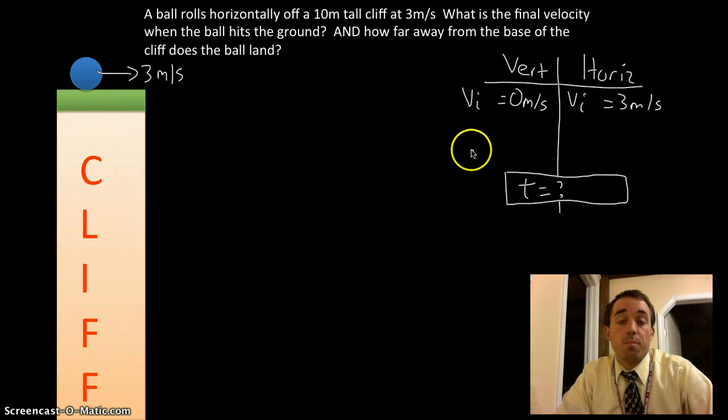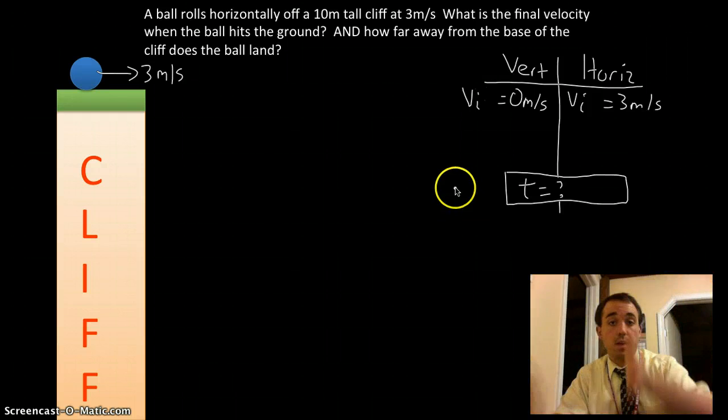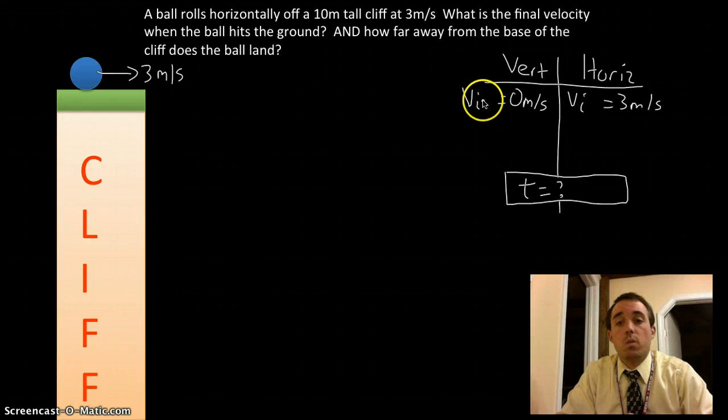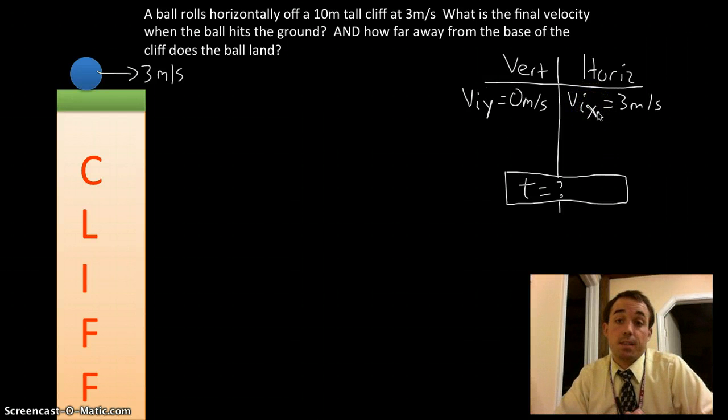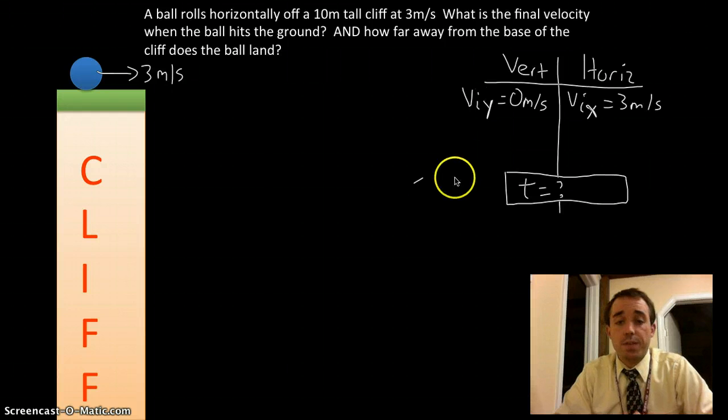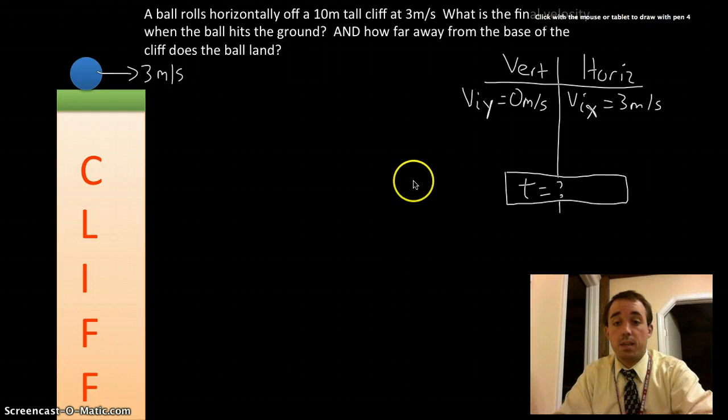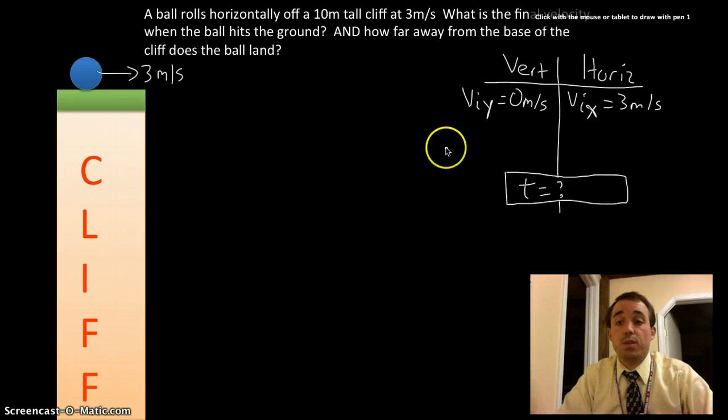Just like with math, where vertical is the y-axis and horizontal is the x-axis, we're going to call this VIY for the initial vertical velocity, and VIX for the initial horizontal velocity. Completely separate values, completely independent of each other. They don't mean anything to each other. They don't even know they exist.